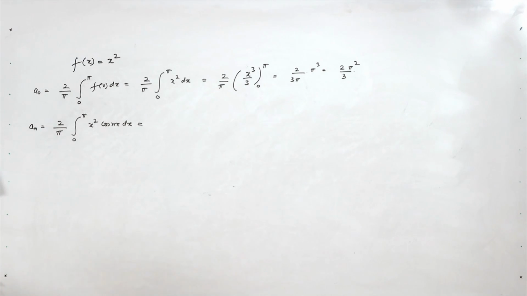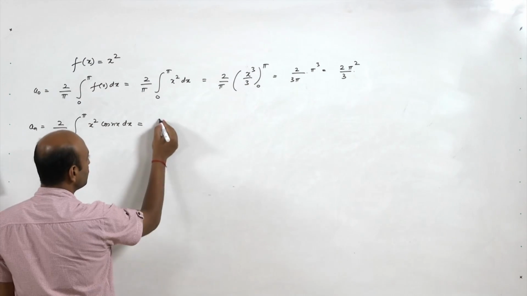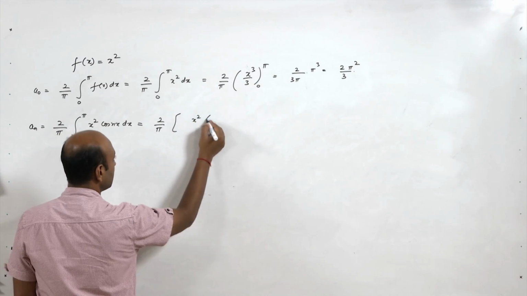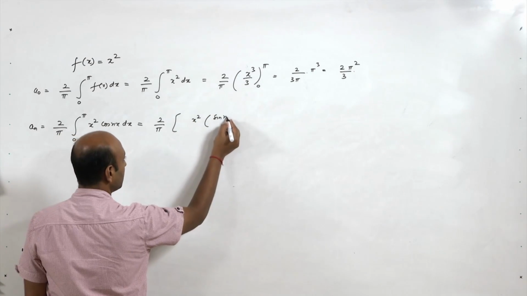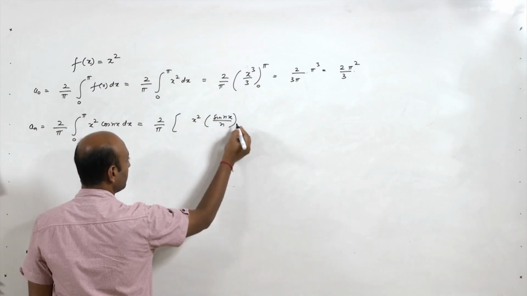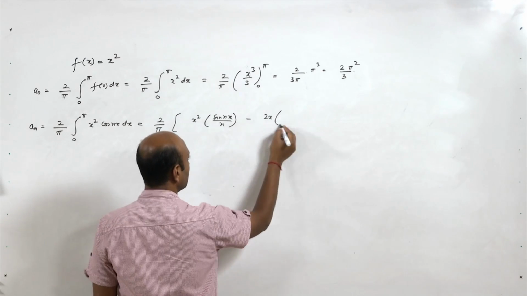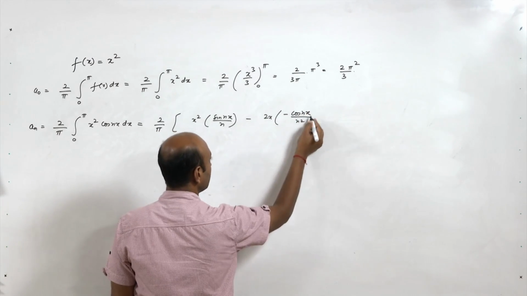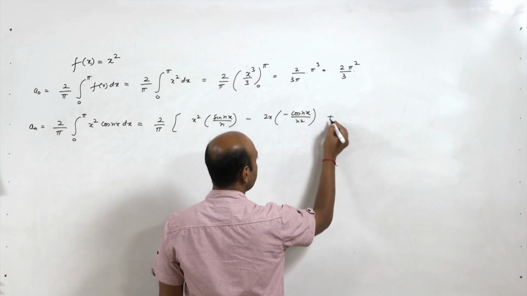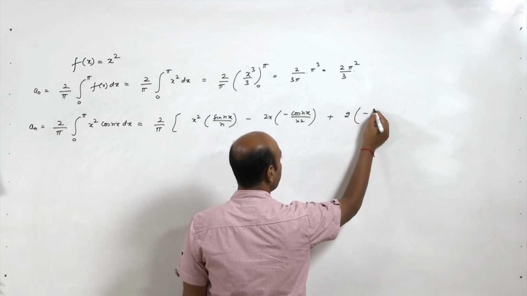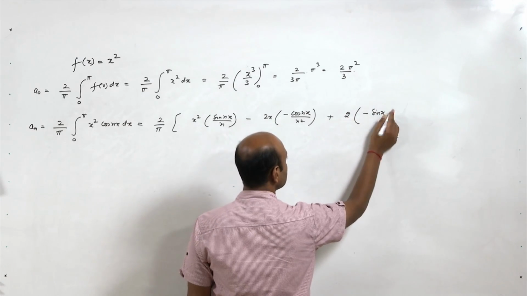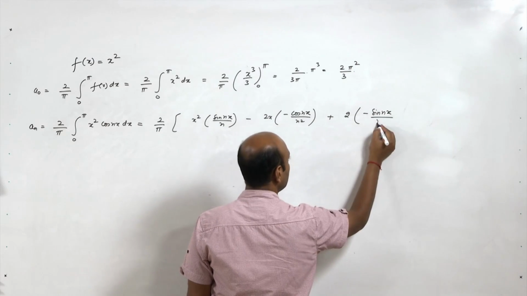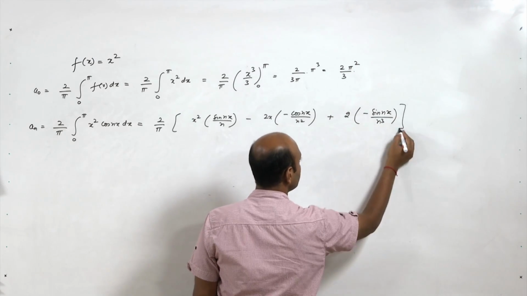Now, you integrate by parts: it is 2 upon pi times [x square sin nx upon n, minus 2x times minus cos nx upon n square, plus 2 times minus sin nx upon n cube] from 0 to pi.